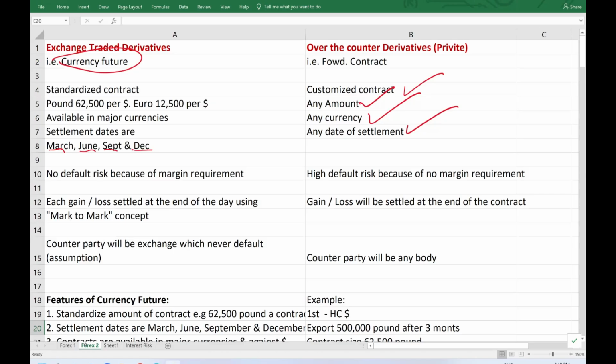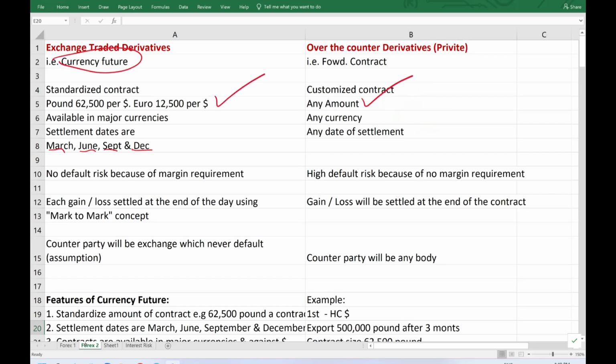So you can only buy 4 types of currency future contract, which mature at the end of those months. Number two, the forward contract is available in any amount, but the future is not.